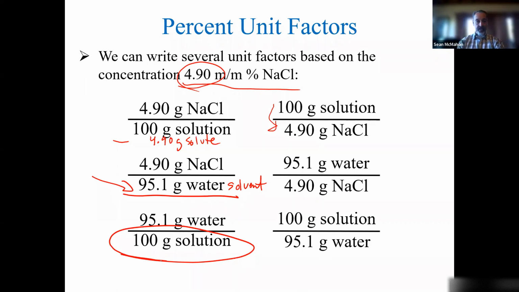So I can create 2 parts over whole. Remember, the whole is the solute and the solvent. So one part could be the solute, but what I want to show people is one part can be the solvent too, even though it's the greater quantity. So I can use those unit factors to help me figure out not just how much solute, how much solvent.